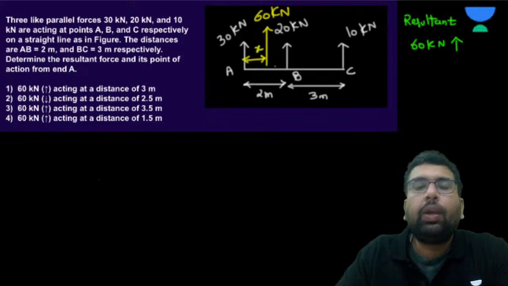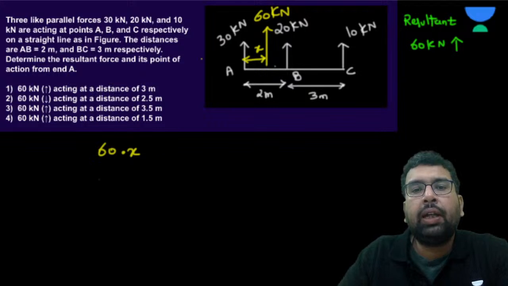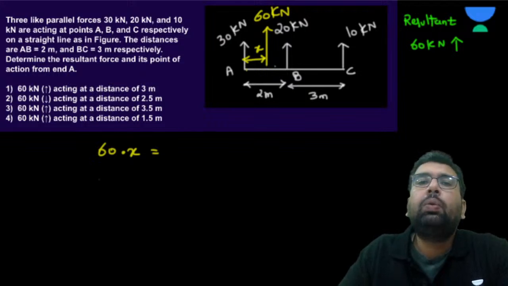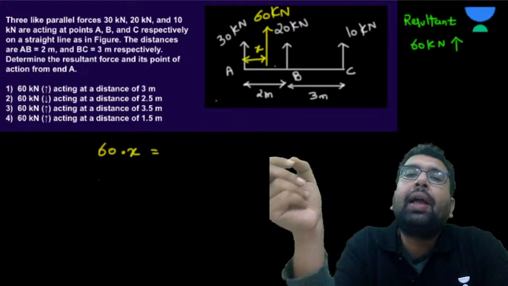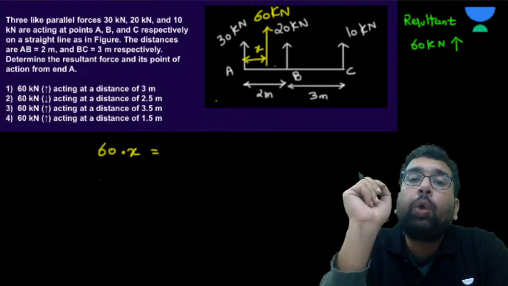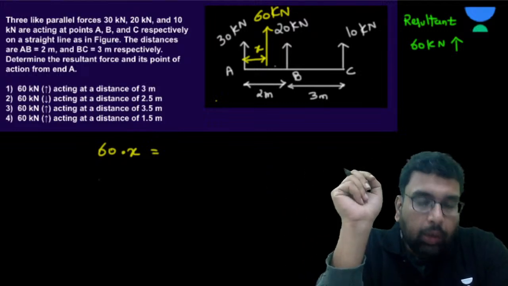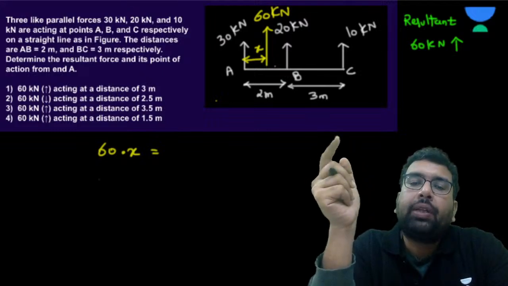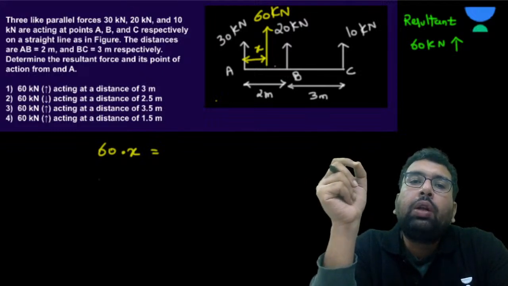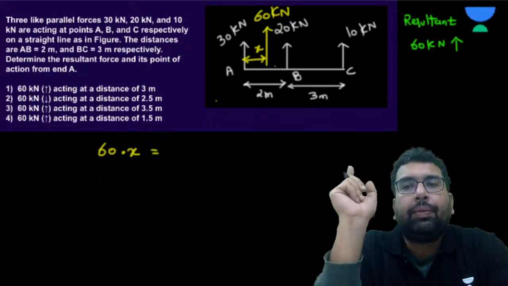Now if you take the moment of this resultant about any point, let me take about A. The moment will be 60 into x, and this must be equal to the moment caused by each of the forces about that point. This 30 kilonewton will not give any moment about A, do you agree?